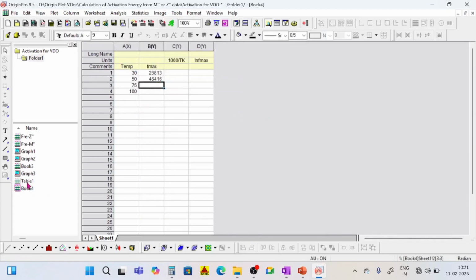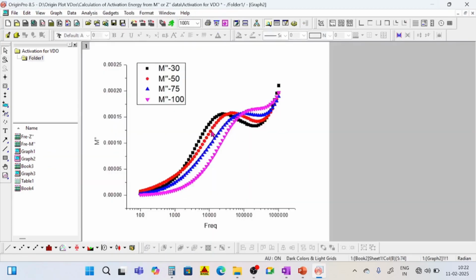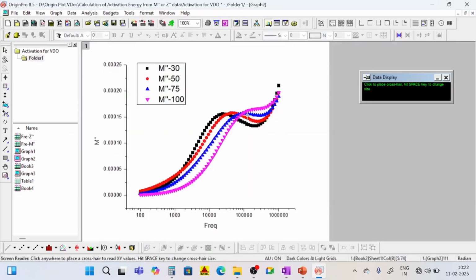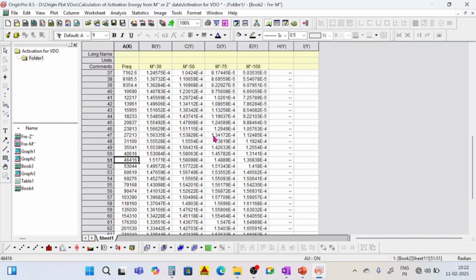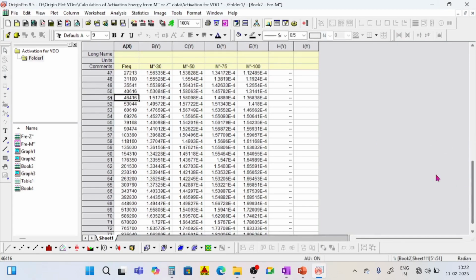For 75 you have to search 75. You have to click carefully and do this. Here the peak is observed at this point, around 83,000. We have to check on the data sheet. 83,000 means nearby this point. Here you can see 5617, 5687, this one, then 1.577, yes, this one 1.577, then it is 1.56.